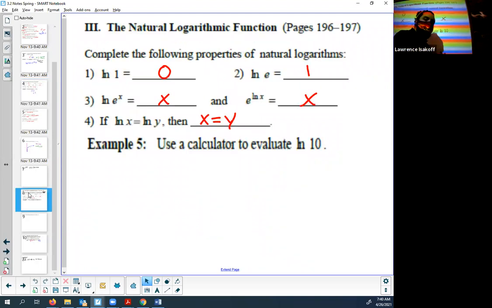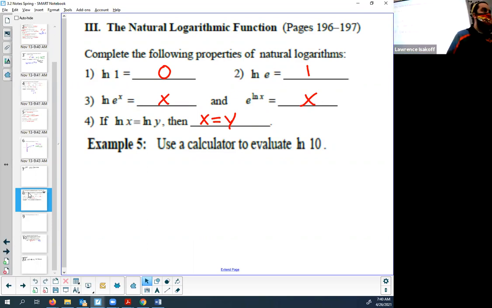So the natural log of 1 is just 0 because e to the 0 power is 1. Natural log of e, since natural log operates in base e, is just 1. The natural log of e to any power is just that power.